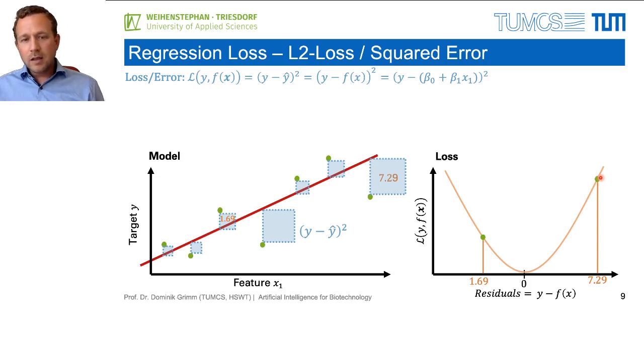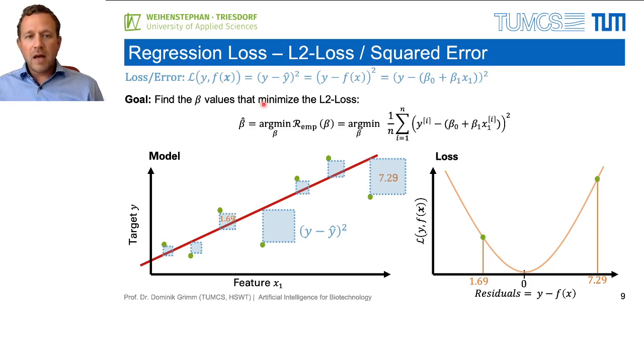So again, here the goal is the same as before. We like to find the beta values that minimize now this L2 loss. So what's that? That's our estimated betas. So the betas we would like to find is the argmin of here the risk minimization. So the average, the empirical risk, the average loss between our prediction y here and the true label.